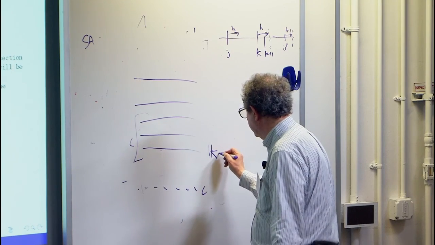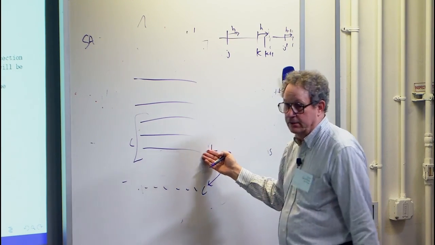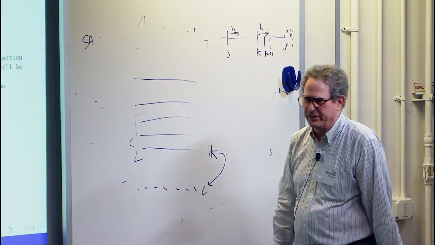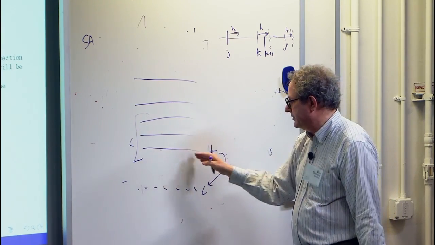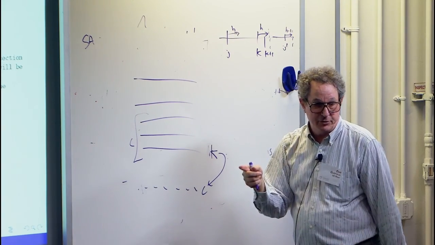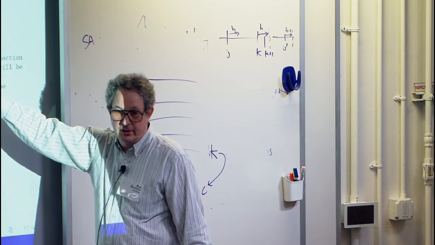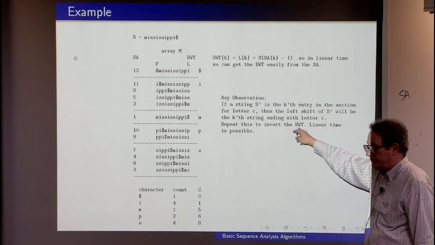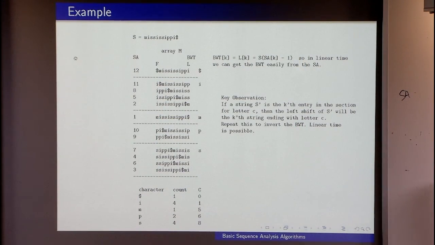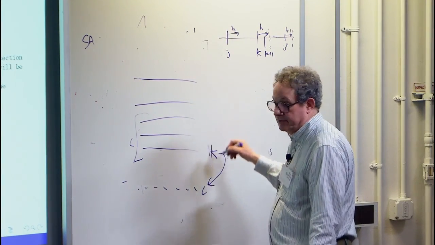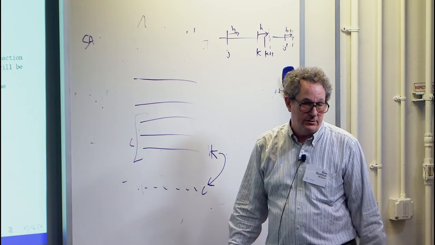And we'll put a pointer from this string to this string. This is just one shift. Another way of thinking of this is a pointer from this string to one left shift over. That's what we're chasing these pointers for. So if you built these pointers, then you can just run along them and you do the inversion that way.